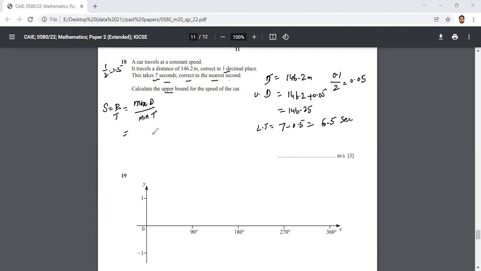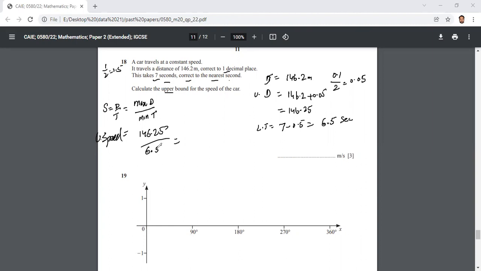Now, what will the upper speed be? Maximum distance, which is 146.25, over minimum time, which is 6.5.